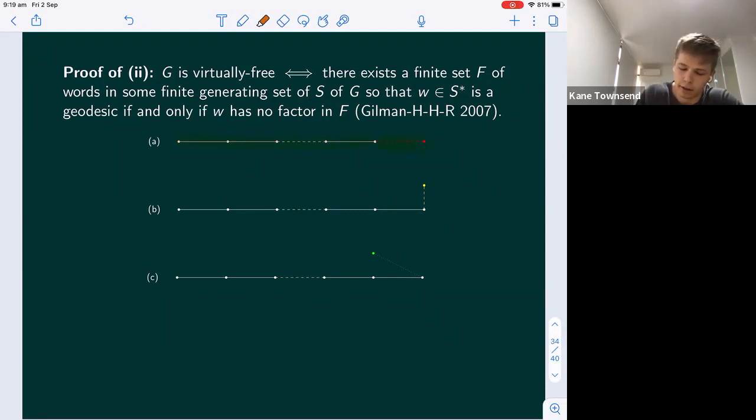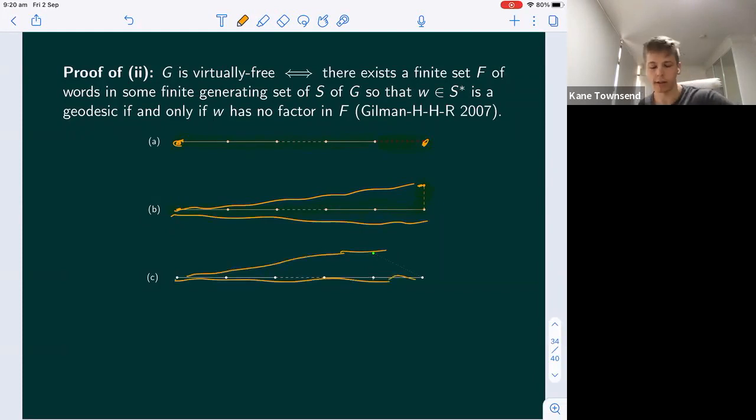Either the new word we get is still a geodesic, so the length has increased, or the geodesic from here to here is the same length, or it actually moves a step closer. I've demonstrated that in these diagrams.